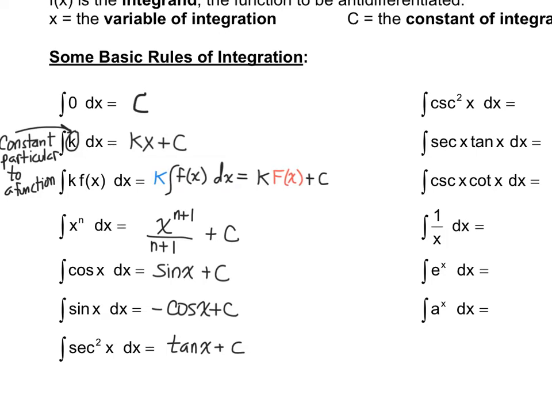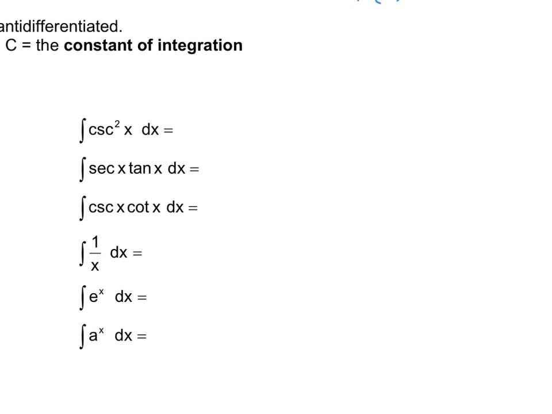Antiderivative of cosecant squared. Negative cotangent. That's because cotangent has a derivative of negative cosecant squared, so we correct for it by negating.